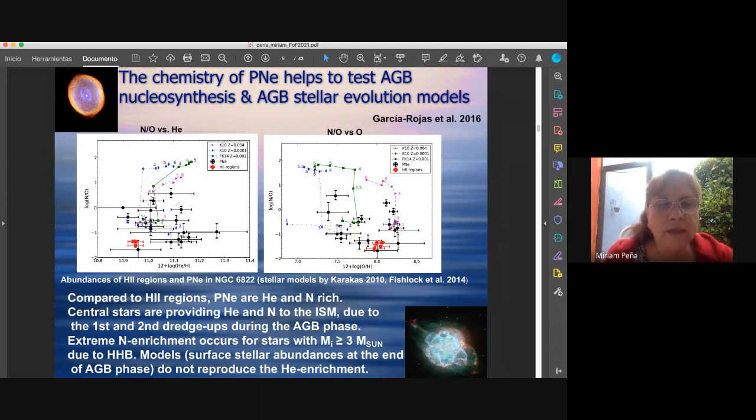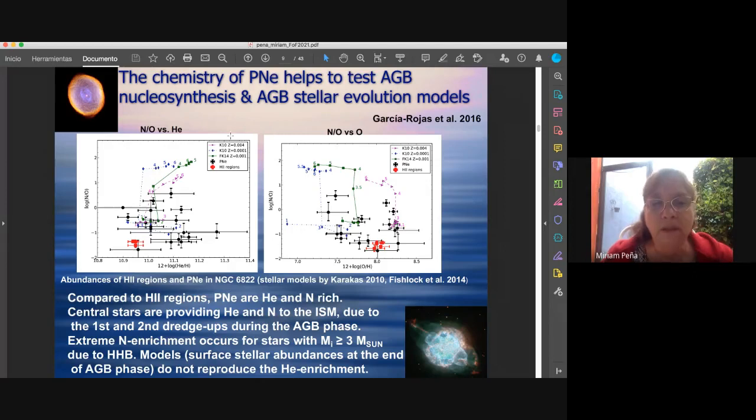What we see here is that compared to H II regions, planetary nebulae are helium and nitrogen rich, which is an unexpected thing, because central stars are providing helium and nitrogen to the interstellar medium due to the first and second dredge-ups during the AGB phase. We can see that extreme nitrogen enrichment occurs for stars with initial masses larger than 3 solar masses, in this point, for instance.